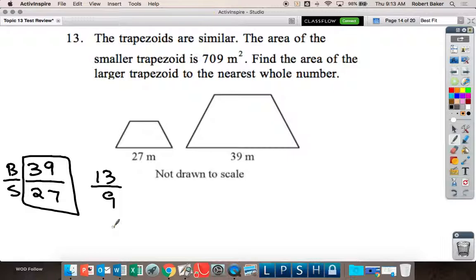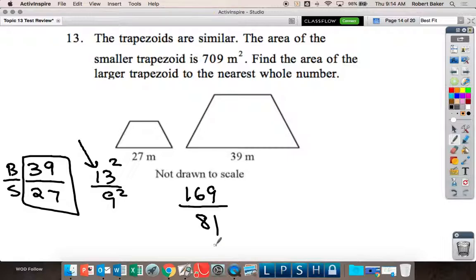Alright, we're trying to compare areas. So what do I have to do to this number to find a ratio of areas? Square it. 169 over 81. So the areas of those two shapes are compared by the ratio 169 over 81.